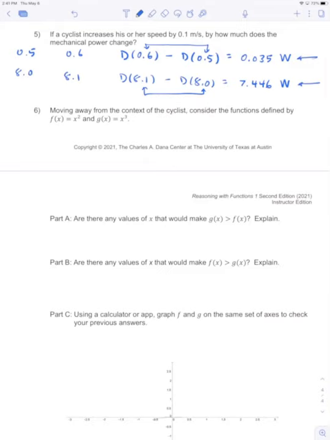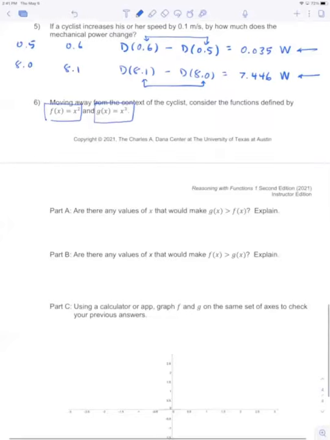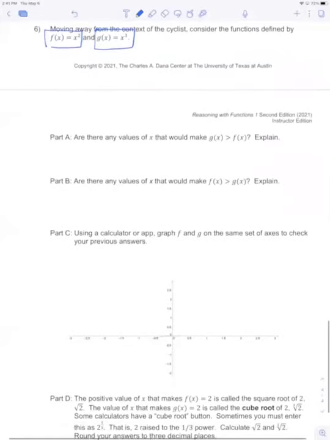Part number 6, moving away from the context of the cyclist, consider the functions defined by f of x equals x squared and g of x equals x cubed. Part A, I'm going to slide this up here. Are there any values of x that would make g of x greater than f of x? And the answer is yes, there are. So let's start by just putting yes here.